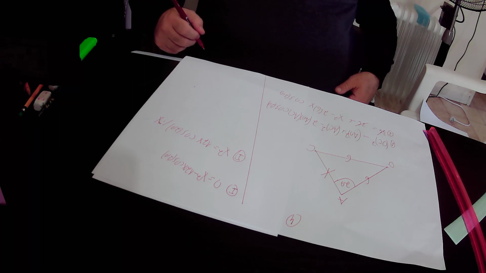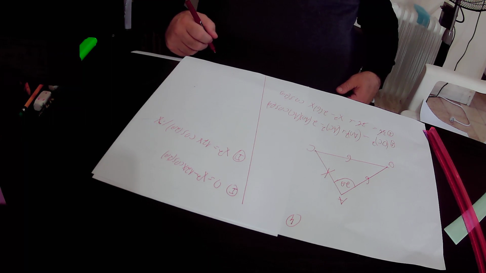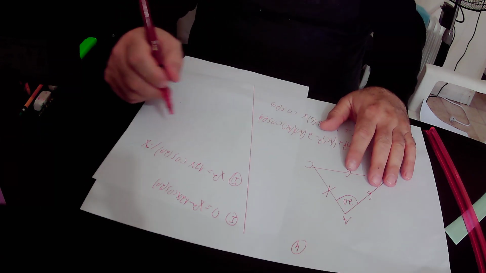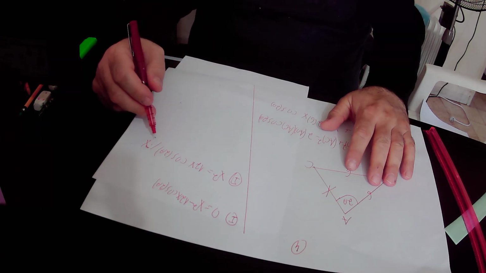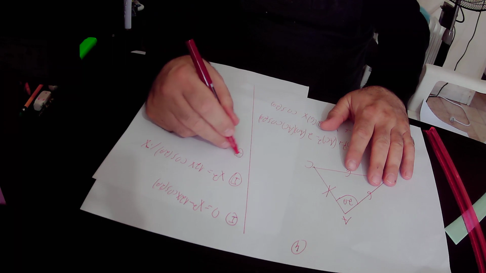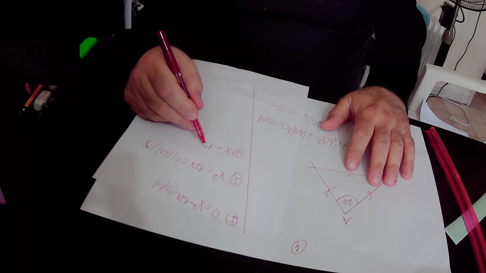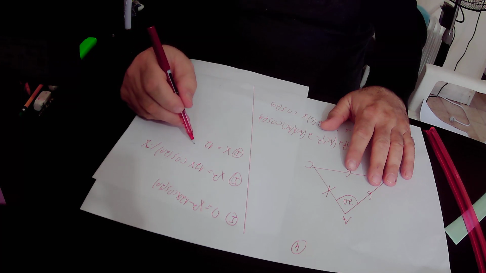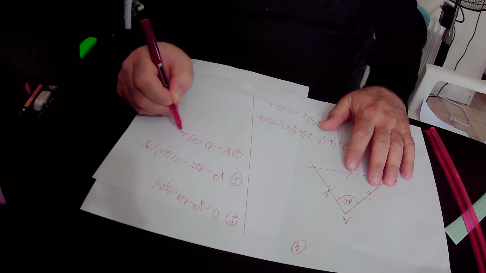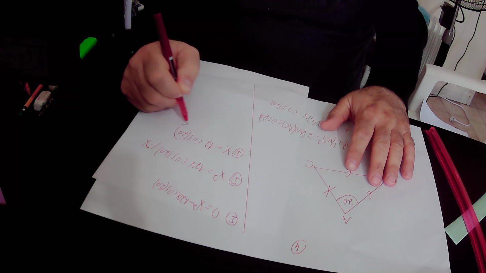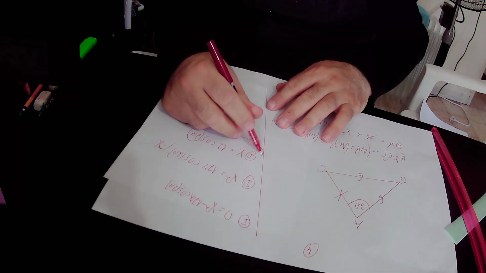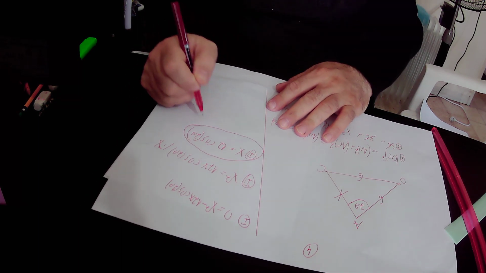That is the reason that we can divide the equation by x. So we get that x equals 12 times cosine 2 theta.